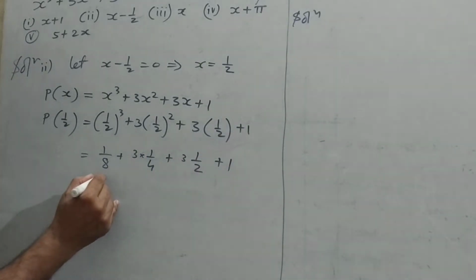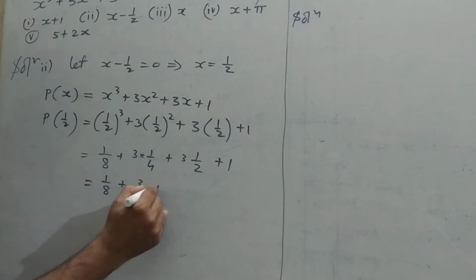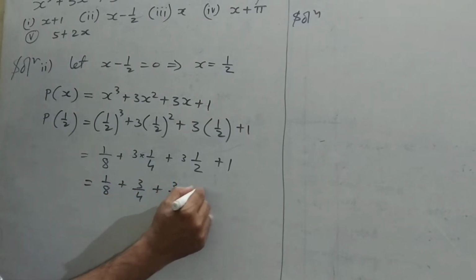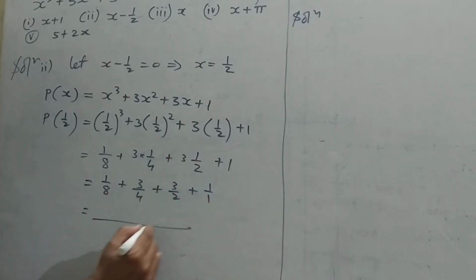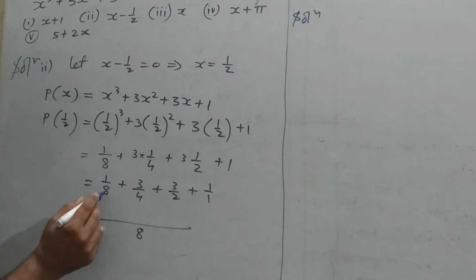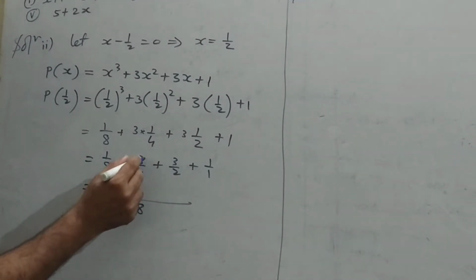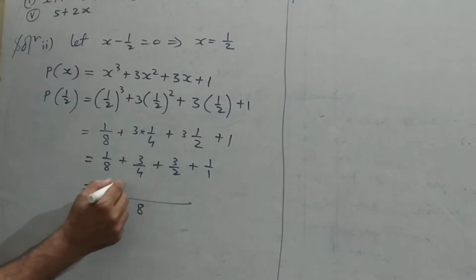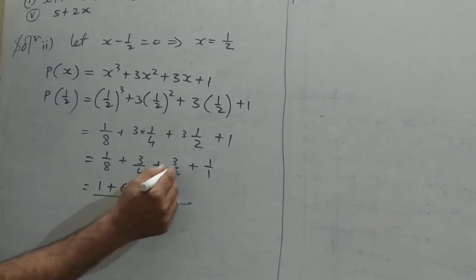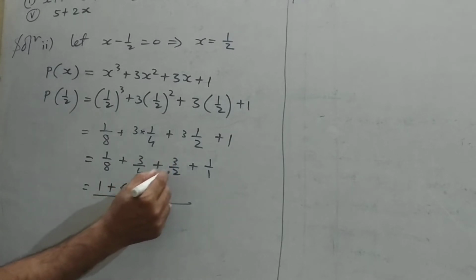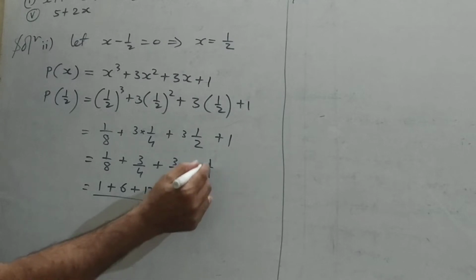Now simplify it. It is 1 by 8 plus 3 by 4 plus 3 by 2 plus 1 by 1. The LCM of these is 8. 8 ones are 8, so multiply by 1. 4 twos are 8, multiply by 2 here. 2 fours are 8, so multiply by 4 on the top. 1 eight is 8, multiply by 8 here.